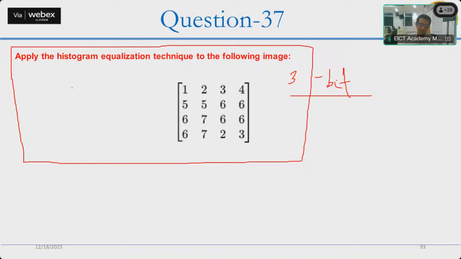I tell you, this is first. Where you have to start? What is given?